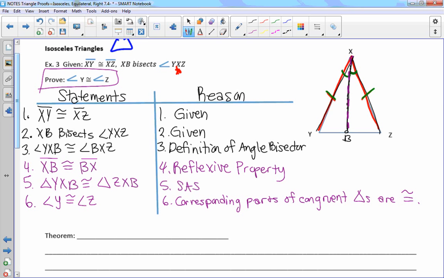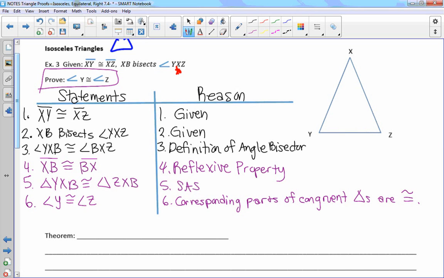As we've listed on the front page, we found corresponding sides that were congruent, corresponding angles that are congruent. But in the triangles that are congruent, corresponding base angles, Y and Z, have to be congruent. So we just actually proved our theorem down below.